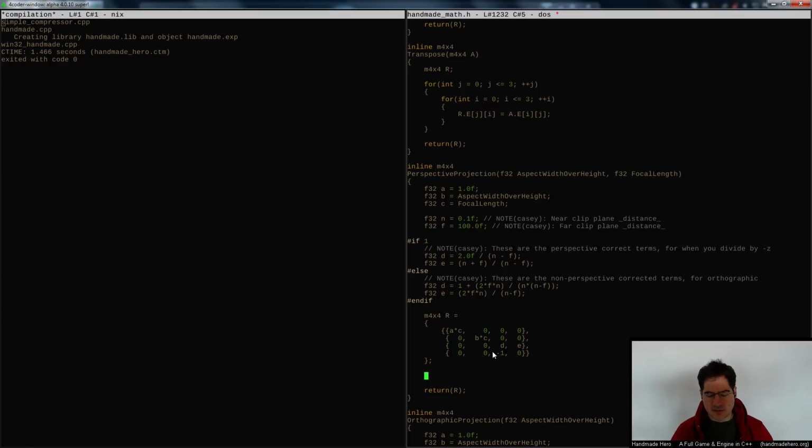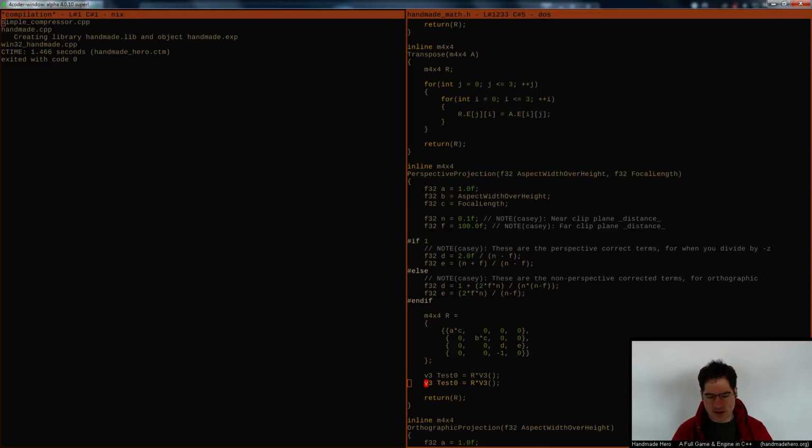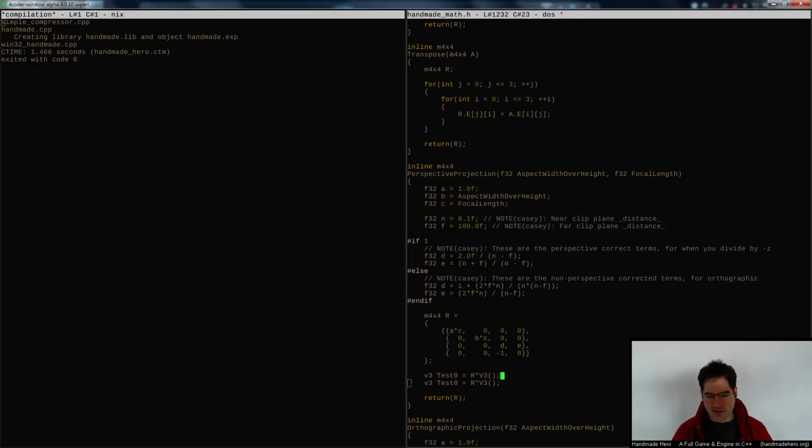I'd like to be able to push some points through it and just see how they come out. So, for example, just make a test result here where I can multiply a vector times the matrix and see what comes out.